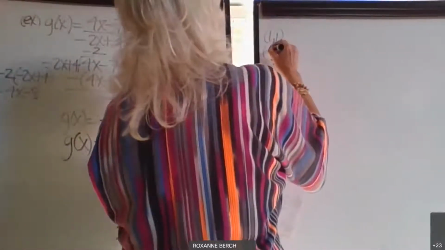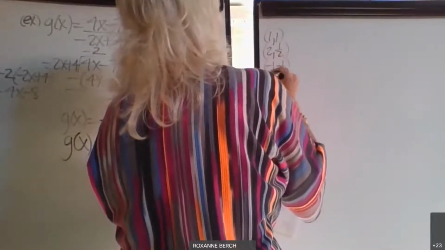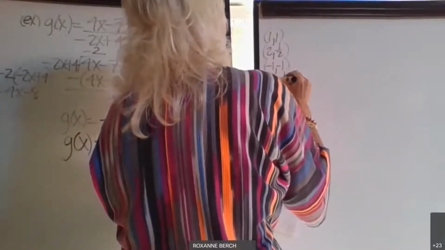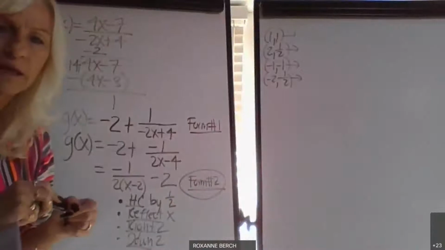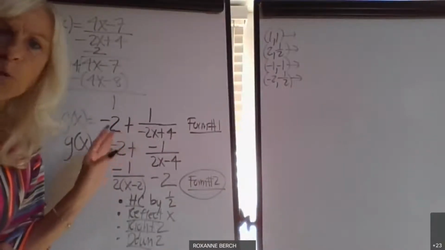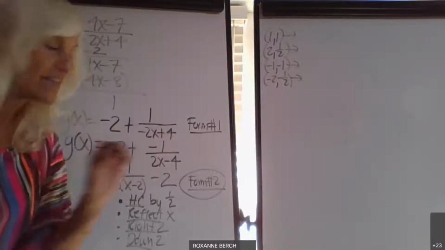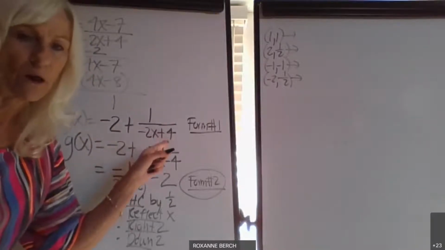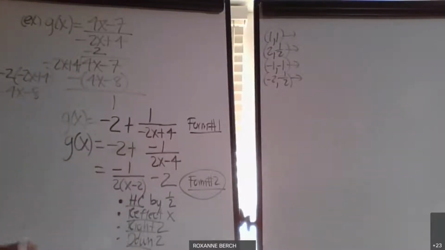So we have 1, 1, right 2, up 1/2, left 1, down 1, left 2, down 1/2. Now listen to me. If you want to leave it in form 1, go ahead, but you have to make sure you fix the asymptote because the asymptote is not 4. It messes up the vertical asymptote.